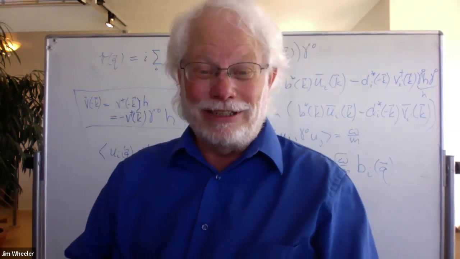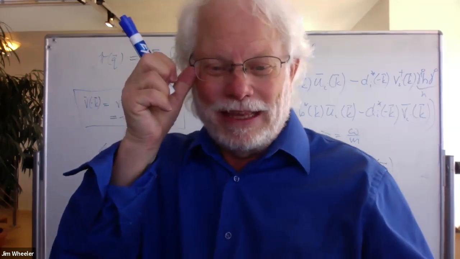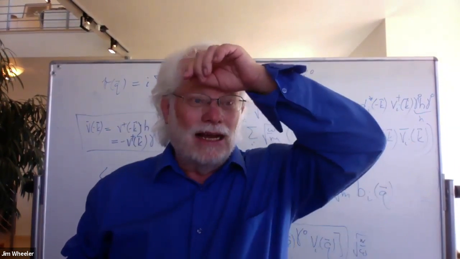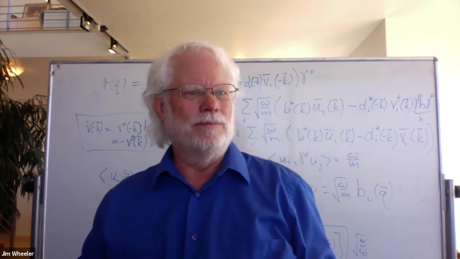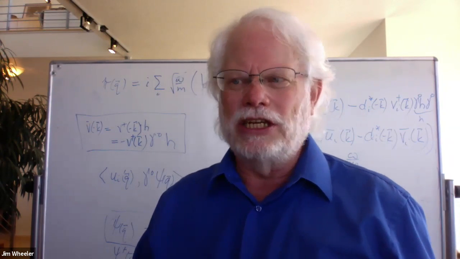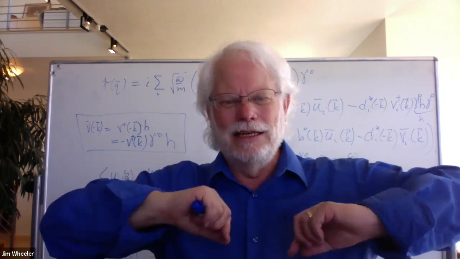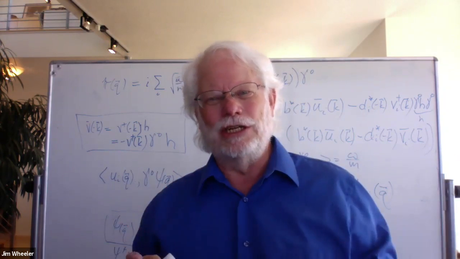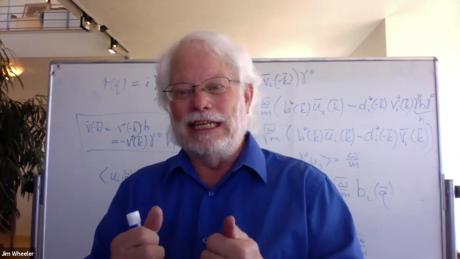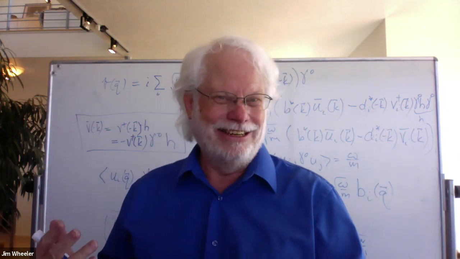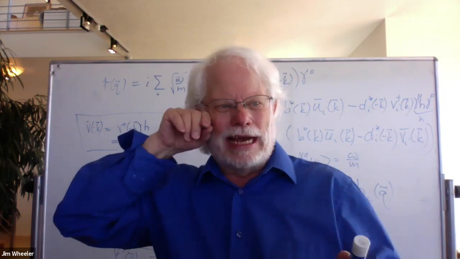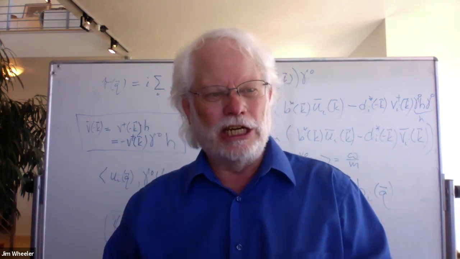In writing up these notes, I did all this 3 times. I did it with the initial normalization that I had, and by the end, the normalization of my B and my B dagger had some constant in it. So I went back and put a different normalization for these things.